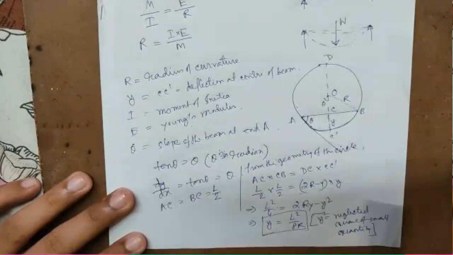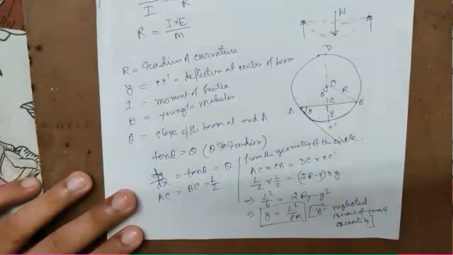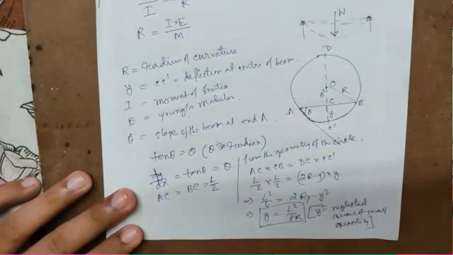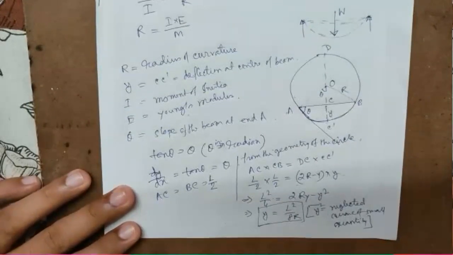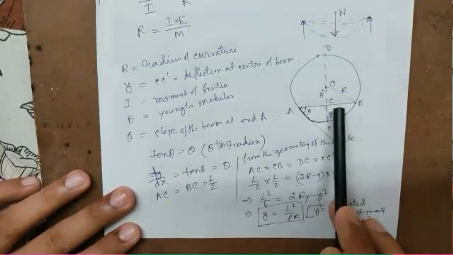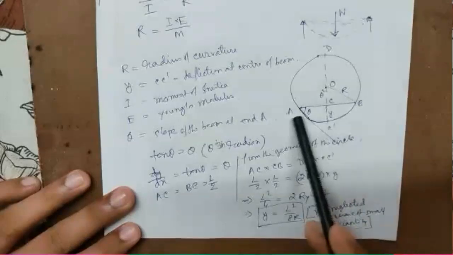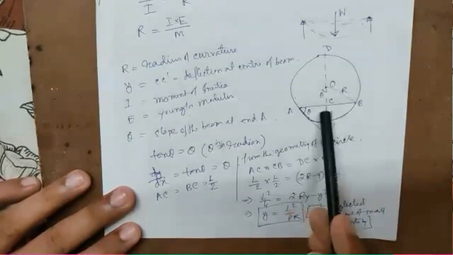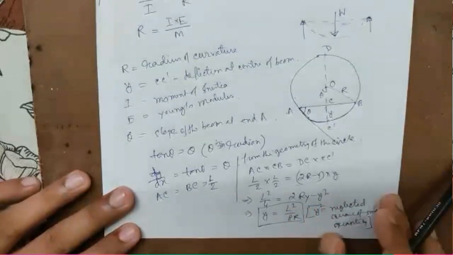Now tan theta is equal to dy dx. When tan theta is called dy dx, we will just take the magnitude only. Now in that case we can say that AC is equal to CB. Both will be equal to L by 2. If the length of the beam is L, then AC is L by 2, and CB is also L by 2.